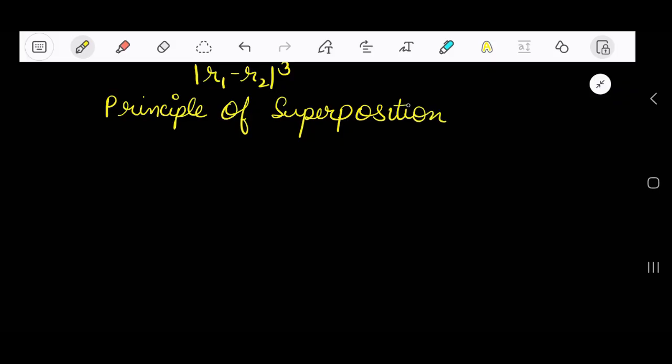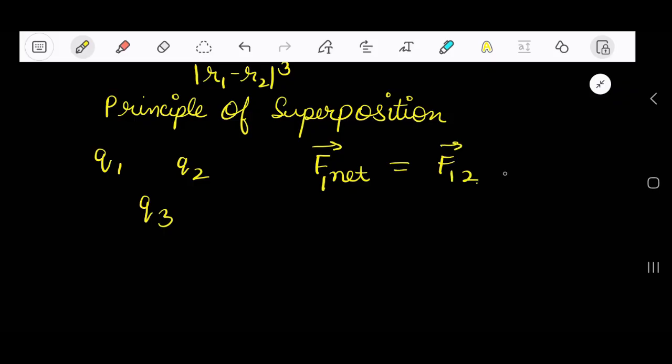What this principle says is that suppose we have more than two charges q1, q2, q3 and so on. So net force on any charge, let's say we have to calculate force on 1. Net force on 1 will be force on 1 due to second charge plus force on 1 due to third charge.